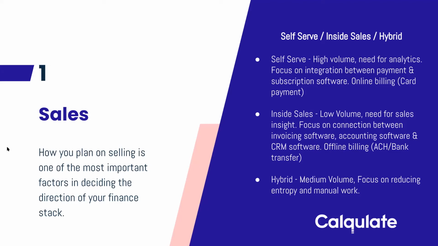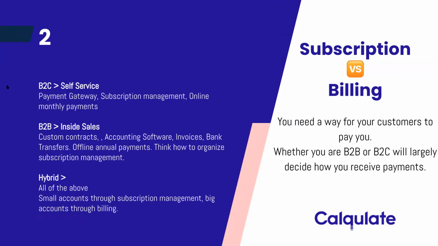And then, for example, there are lots of hybrid companies that do both. They have a self-serve model, and then they have an inside sales or an offline billing model as well. So they do both, but they need to find a way to consolidate all that data together. So this sales model leads to the second point, which is subscription management versus billing.